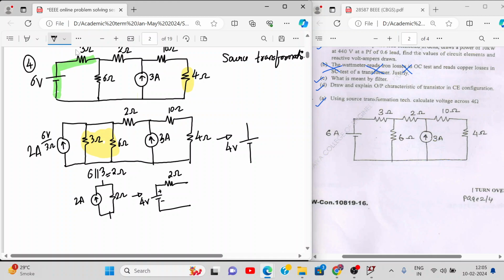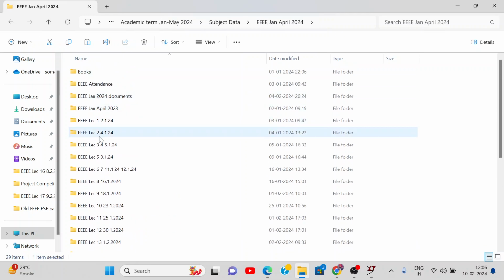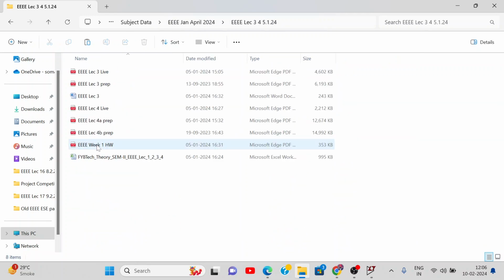You can check your books and tell me. We have solved this before. Is it this way, or was it the way I drew earlier? Come on, tell me, people. We have solved this before. I think in the second or third lecture we have done it.